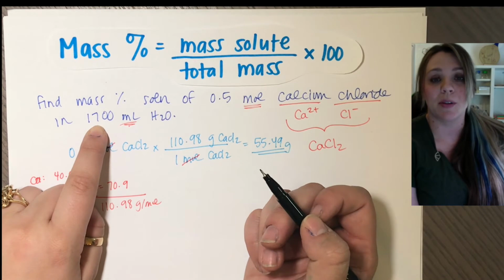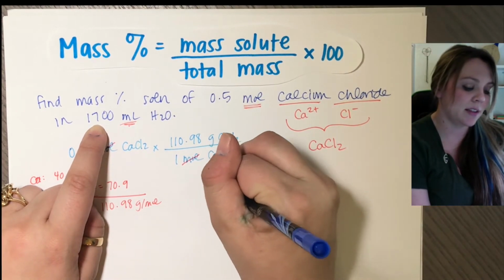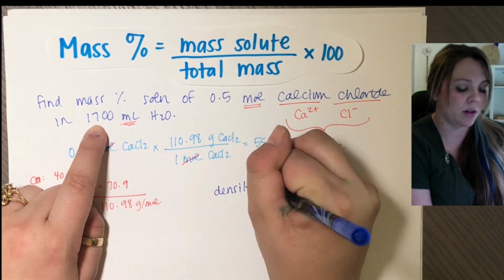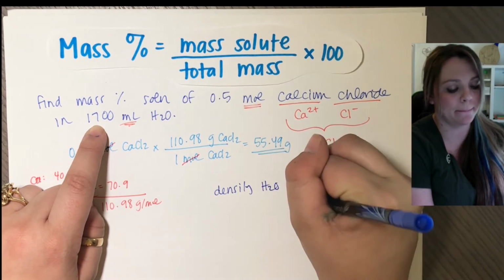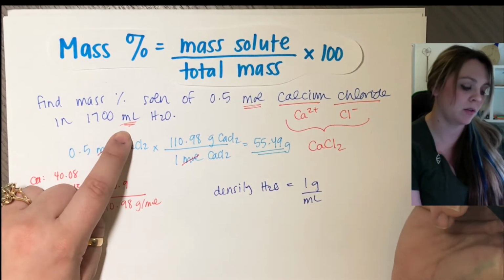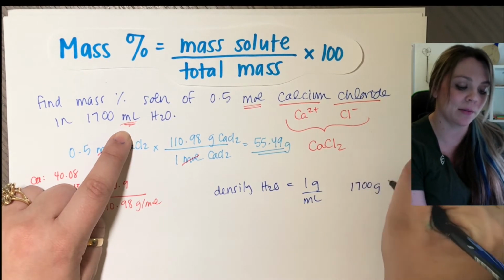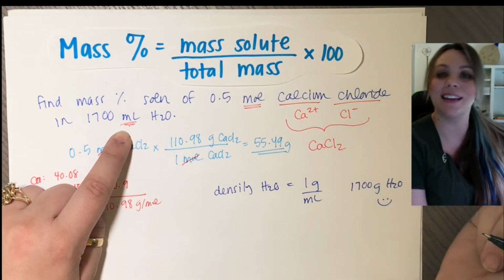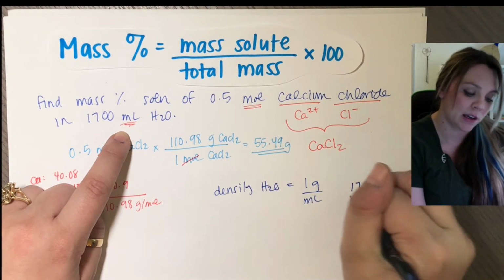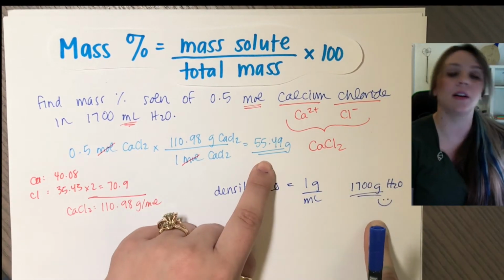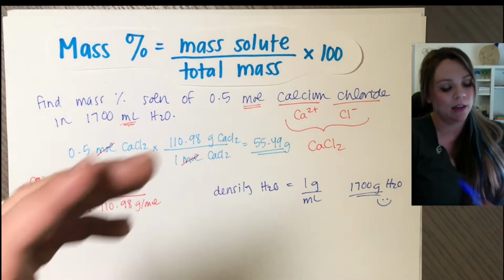Also, if you remember density at all, the density of water is 1 gram per milliliter. So if I have 1,700 milliliters, that means I have 1,700 grams of water. Yay! So I have my grams of water, I have my grams of my solute, and now I can plug in.